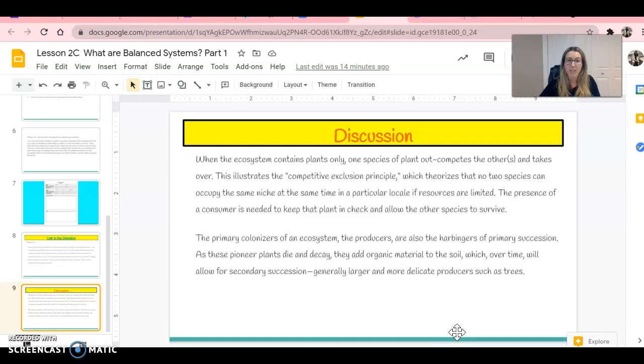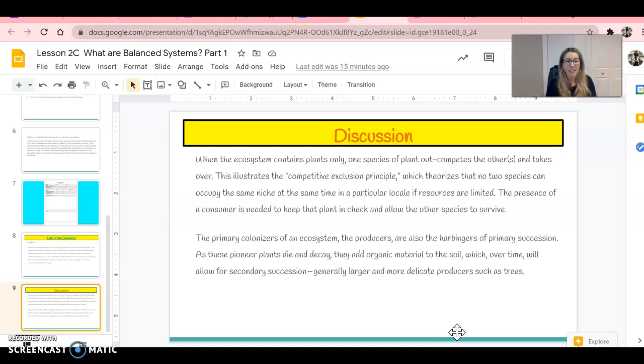The presence of a consumer is needed to keep that plant in check and allow the other species to survive. So what this theory is saying is that we cannot have two plants that need the same resources in the same spot without having a consumer to balance that ecosystem out.